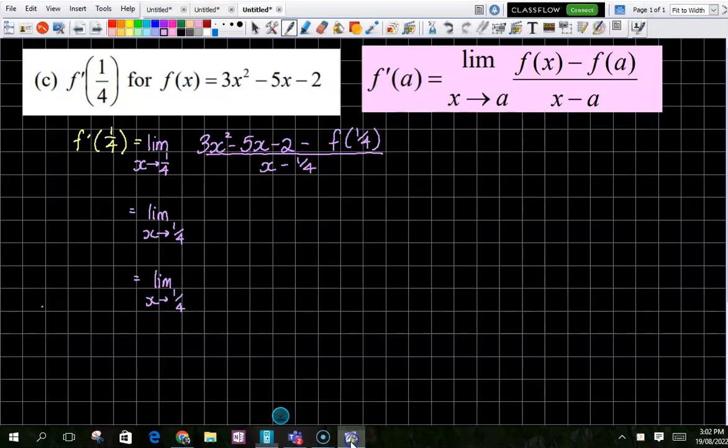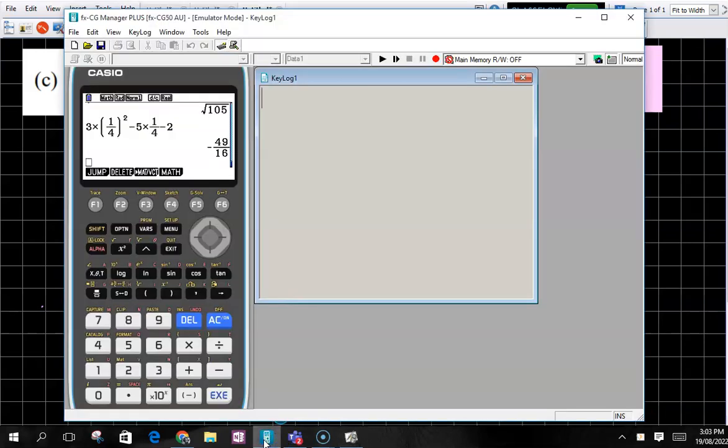Right? So that's going to become minus 2 take minus 49 over 16, so it becomes plus.